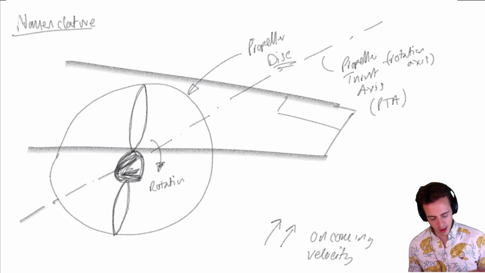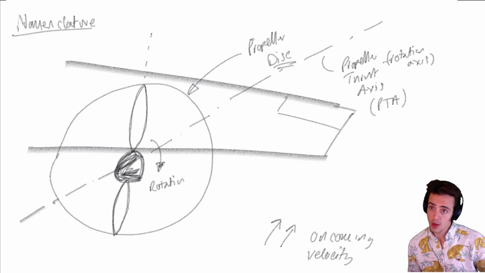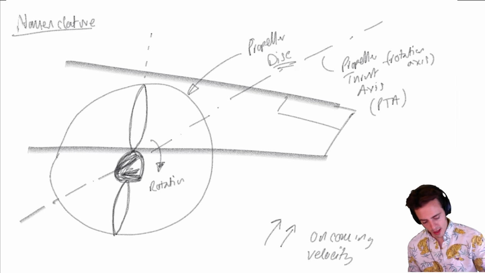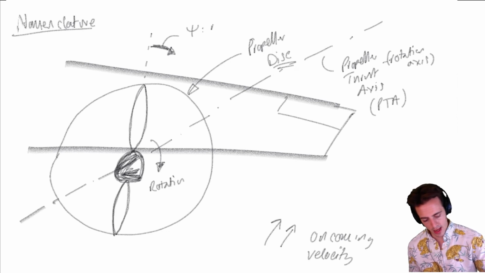So if it's spinning round clockwise when viewed from the front, this defines my azimuthal direction. So the propeller's spinning around, I then define a rotational coordinate system, which we give the symbol psi. This is my azimuthal direction.